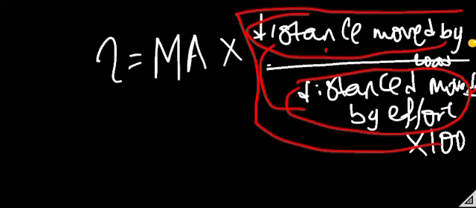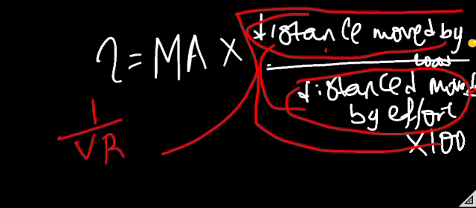And we know that to invert something in mathematics is to make 1 over that thing you want to invert. So this is the same thing as the inverse of velocity ratio, which is 1 over V.R. And how is it the inverse?